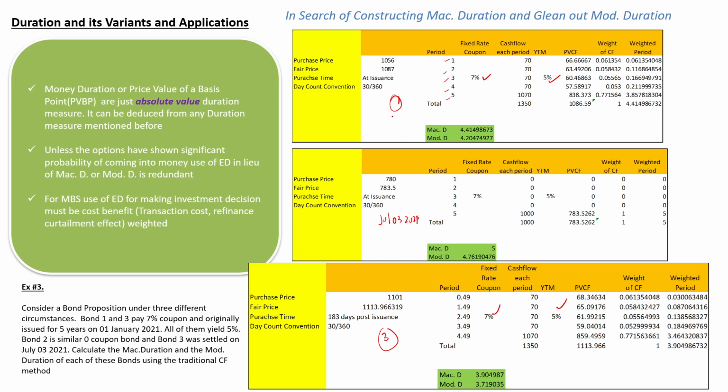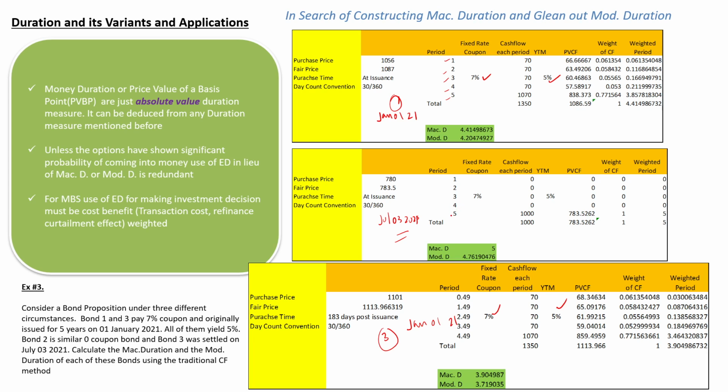So we have 3 bonds out here. The consideration for bond 1 is January 1, 2021, the day the bond was issued. This consideration is also for January 1, 2021, and for the second bond, the consideration is July 3, 2021, almost exactly 6 months, 2 days later.